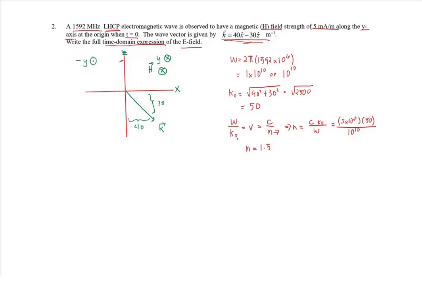With k as our right thumb and H as our right curl fingers, once we have our thumb along this direction and the curl of our fingers pointing into the page, once we uncurl those fingers, it's going to point out this way. So that is going to be our E1.